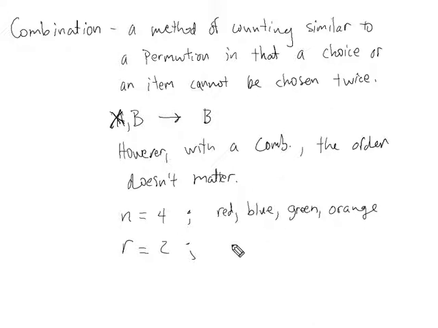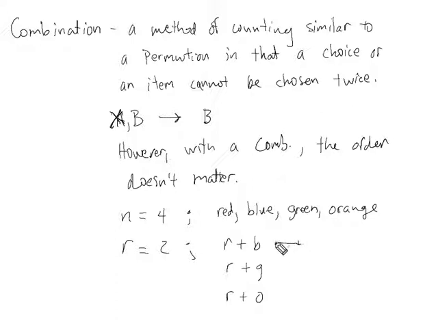So we could write this as red plus blue. We could write this as red plus green, red plus orange. And so there's all of these different possible combinations. However, the order doesn't matter.